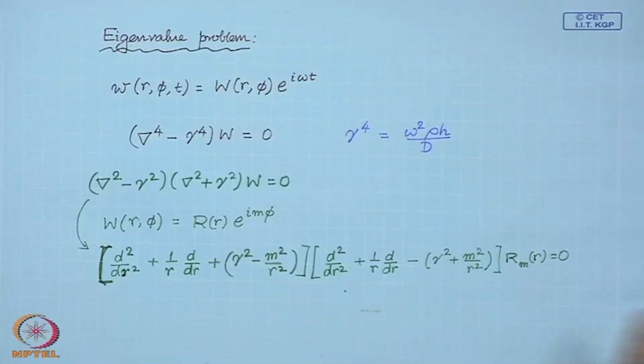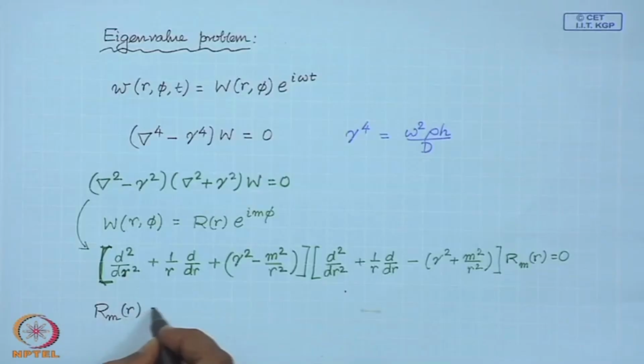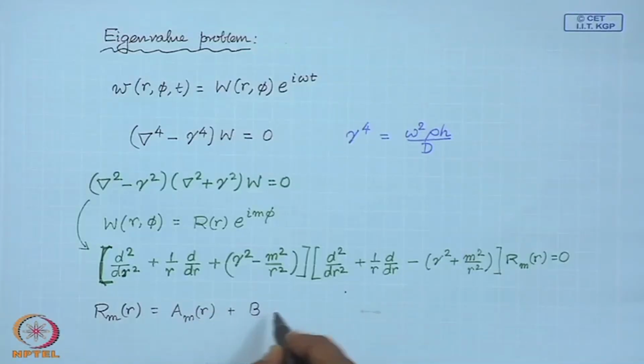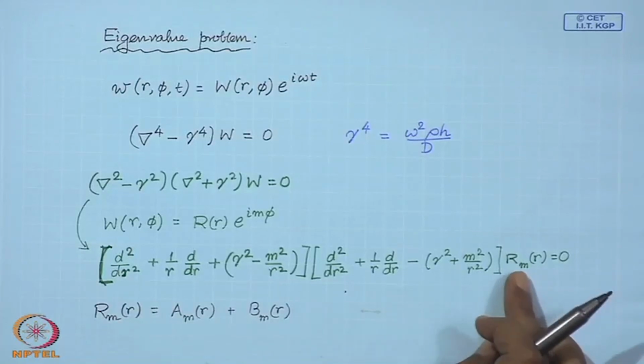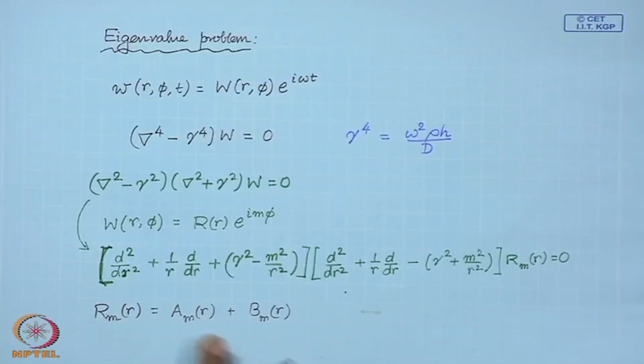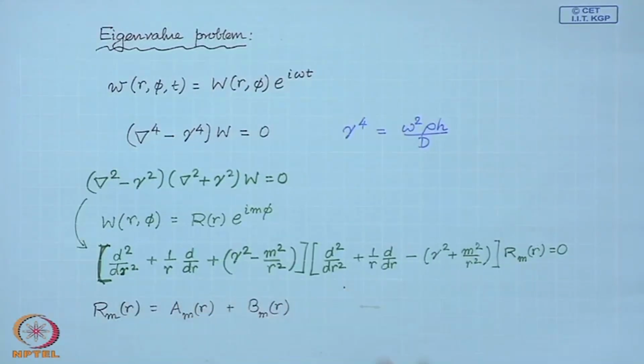Now, this function R, as we have done for the case of the rectangular plate, we can consider to be constructed out of two functions, such that A is a solution for this operator and B is a solution for this operator.